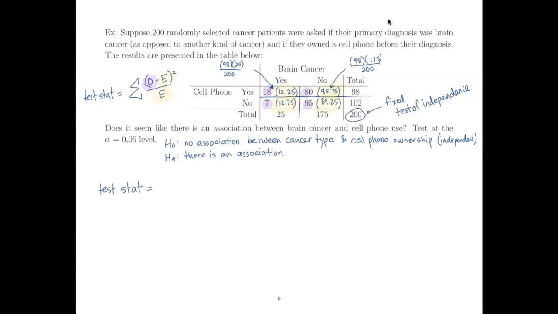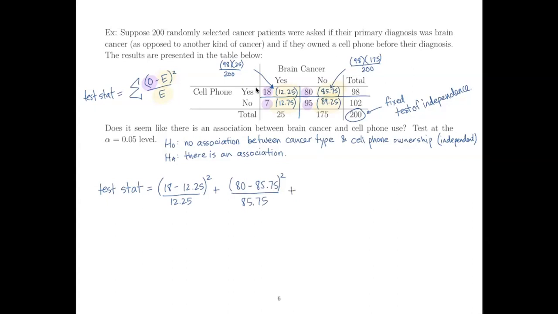So bear with me while I write this all down. We've got our observed, which is 18, minus our expected, which is 12.25. We square it and divide by our expected, 12.25. So that's for our first cell. And then we've got the next cell, which is our observed, 80, minus 85.75, squared, divided by 85.75.